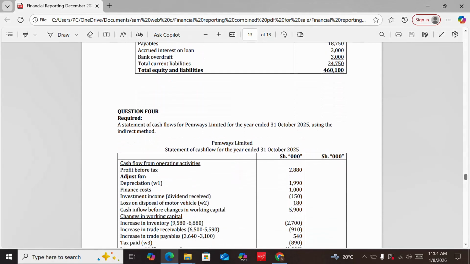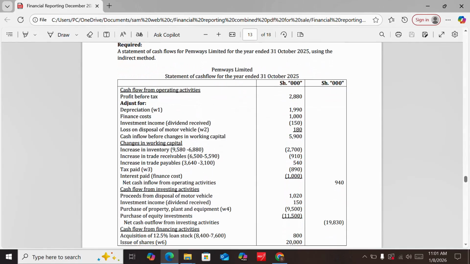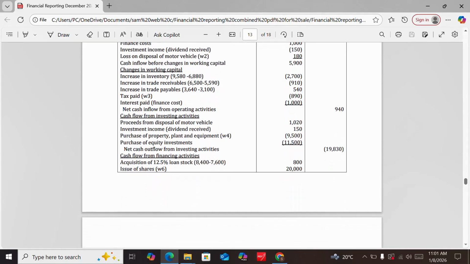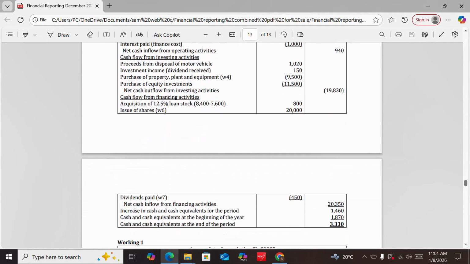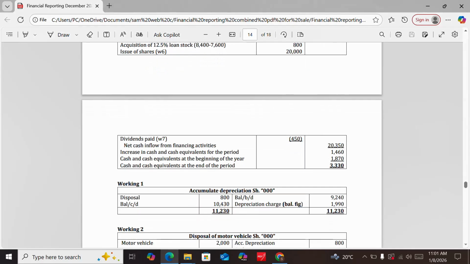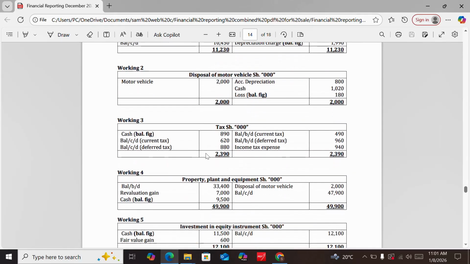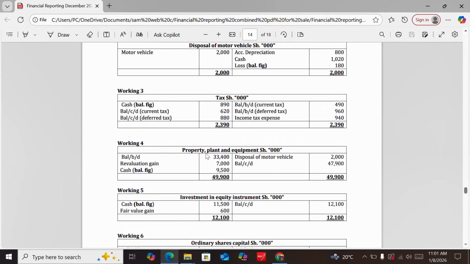We now go to question 4 of the statement of cash flow for Pemways Limited. We have working 1, this is the working for depreciation charge for the year. Working 2 for the disposal. Working 3 for the tax paid.